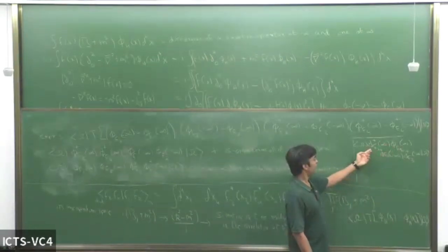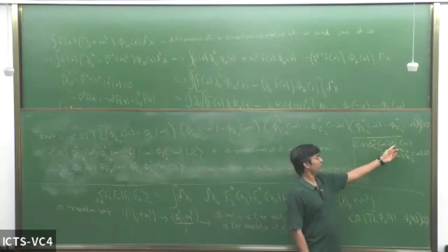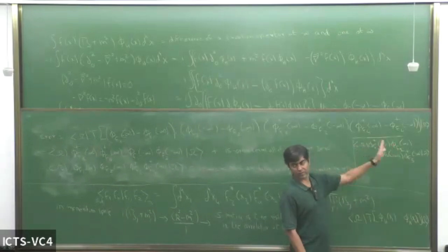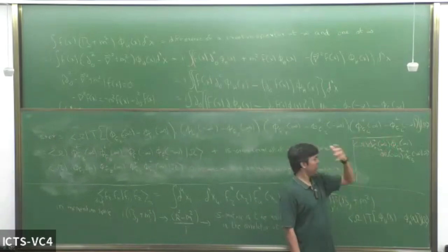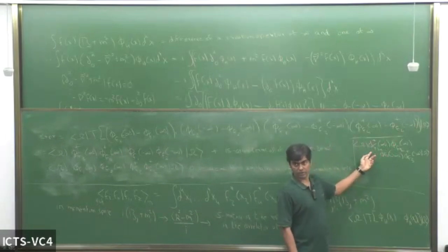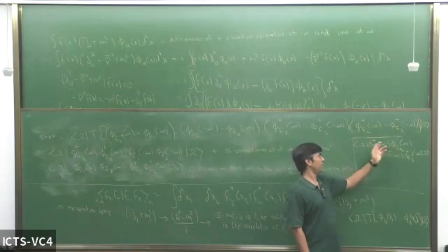So phi f4 dagger at infinity with phi f1 has to give you 0. You see the assumption that f1 and f4 are orthogonal is important here, because otherwise this could have given you some term. It doesn't, because f1 can move to the left.